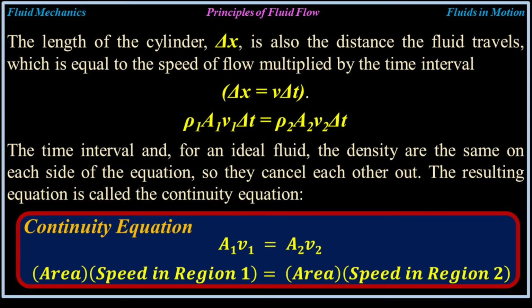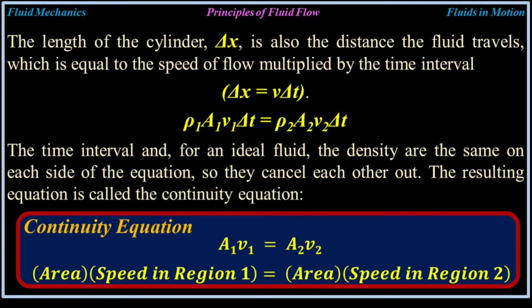The length of the cylinder, delta X, is also the distance the fluid travels, which is equal to the speed of flow multiplied by the time interval. Delta X equals V delta T. And the equation becomes rho 1 A1 V1 delta T equals rho 2 A2 V2 delta T. The time interval and, for an ideal fluid, the density are the same on each side of the equation, so they cancel each other out.